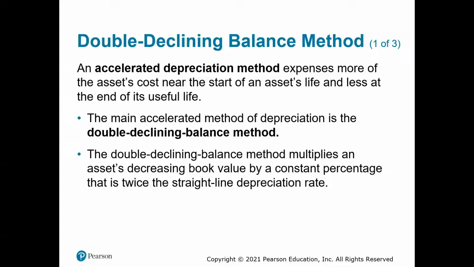The main accelerated method of depreciation is what we call the double declining balance method. This accelerated depreciation method computes annual depreciation by multiplying the depreciable asset's decreasing book value by a constant percentage that is 2 times the straight line depreciation rate.